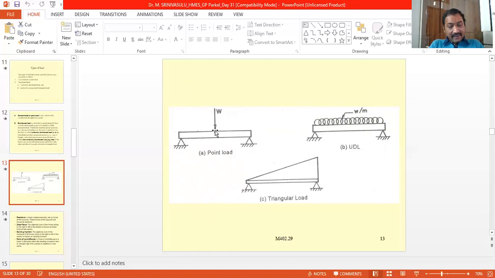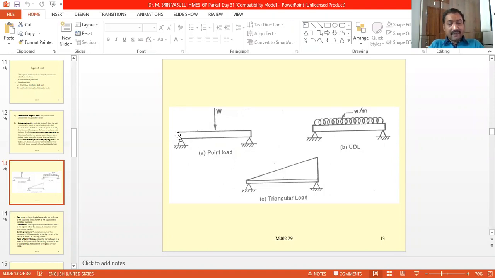When the beam is loaded with some amount of load at the midpoint or at any point, forces are set up to withstand this load. The forces set up at the supports are called the support reactions, or simply reactions.